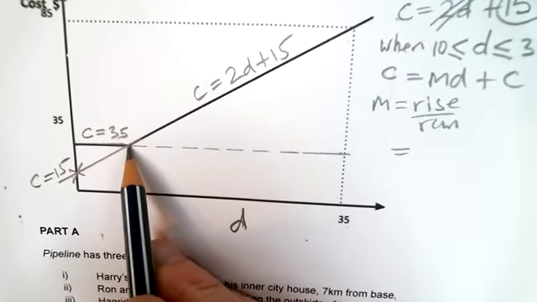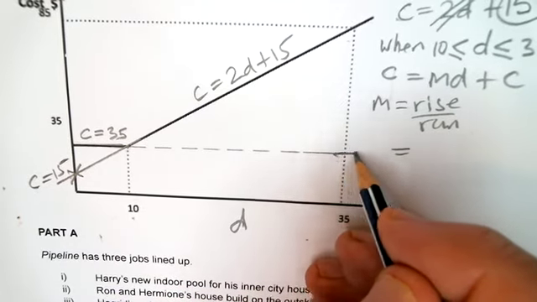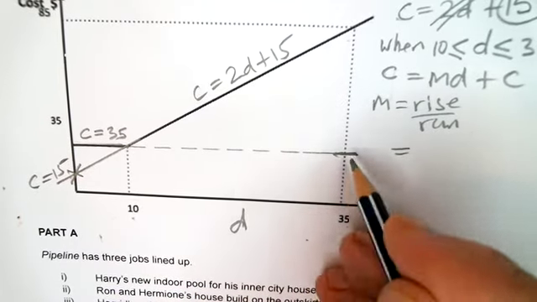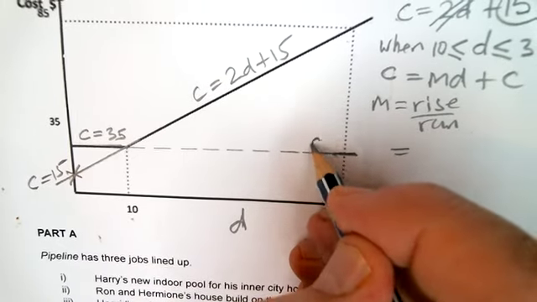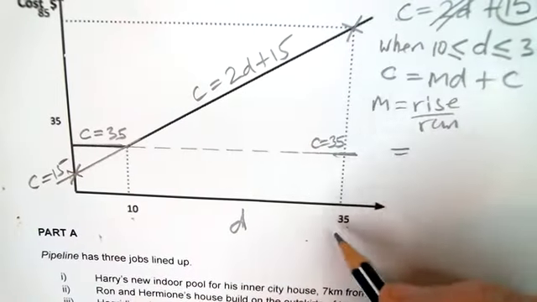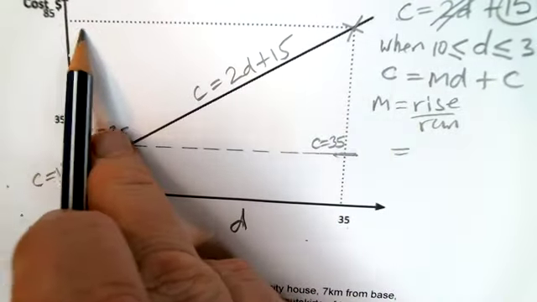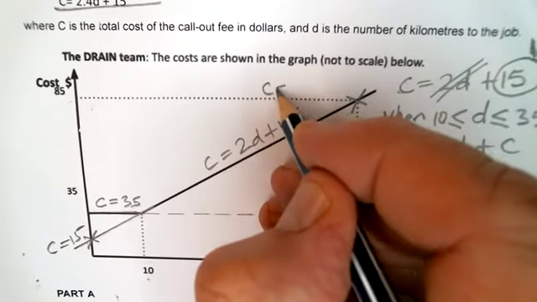So this line here is C equals 35. So the rise is going from this point here, which is at 35. By the way, it's 35 along as well. But it's C equals 35. And at the top here, the value is 85. So the top value here, this dotted line here, is really C equals 85.